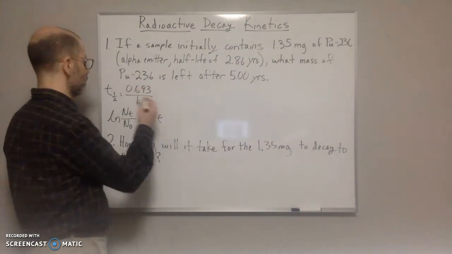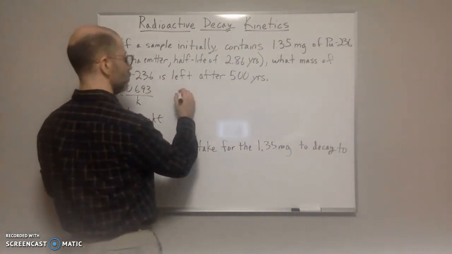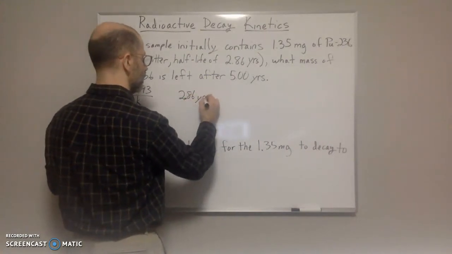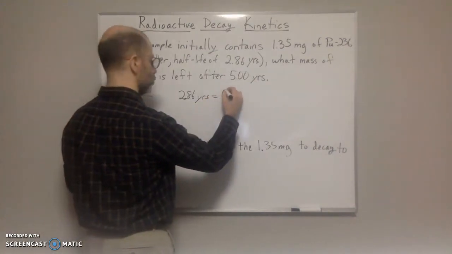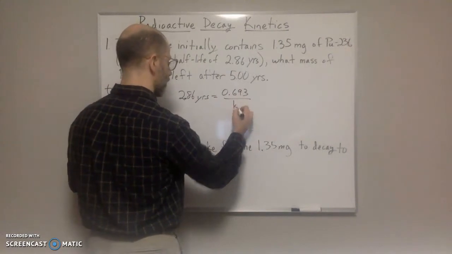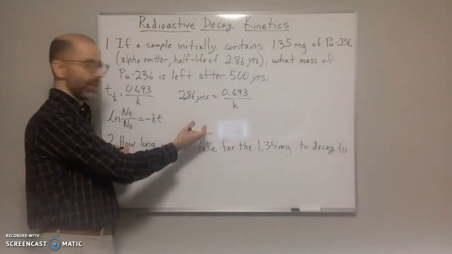Okay, so let's get started. Here we're going to start by plugging in the half-life they gave us: 2.86 years is equal to 0.693 over k. Now all we need to do is solve for k.